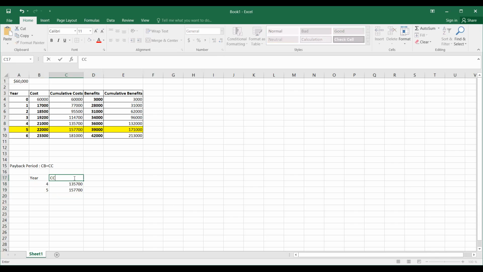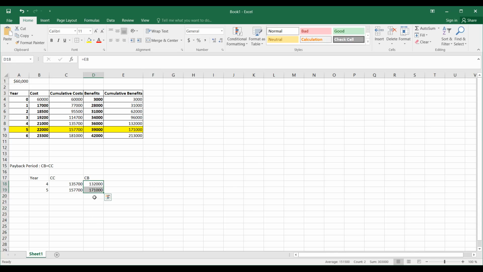This is your cumulative costs, and then let's have your cumulative benefits, for the 4th year this side and the 5th year this side. What I want to do next is know the difference between the two.